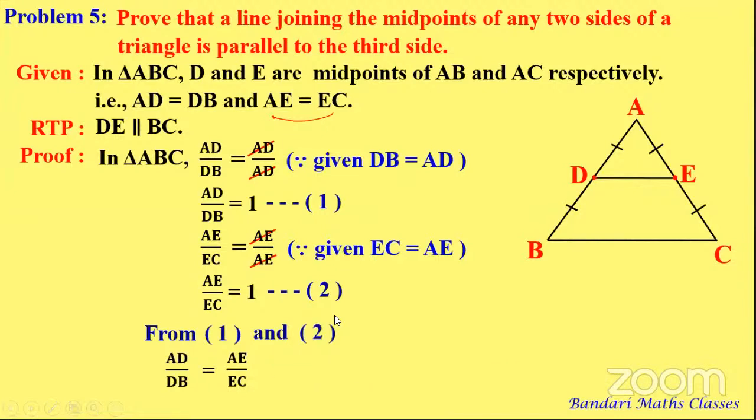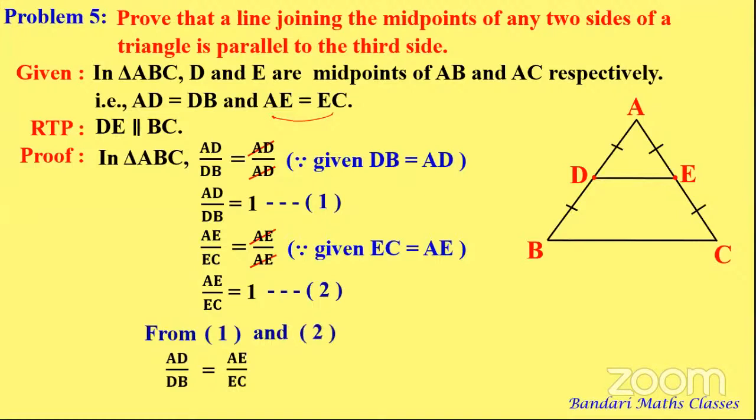When the ratios are equal, according to the converse of the basic proportionality theorem, DE is parallel to BC. AD by DB is equal to AE by EC, we got it, the ratios are equal.